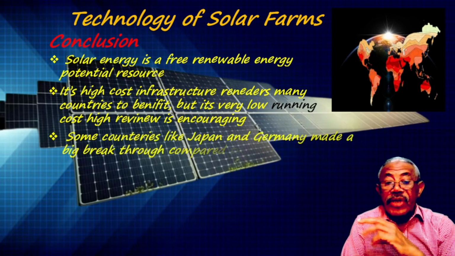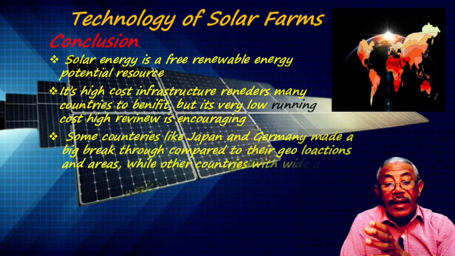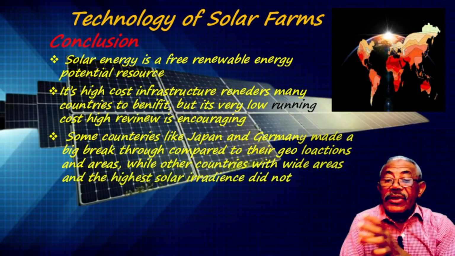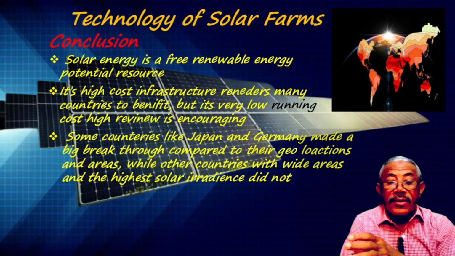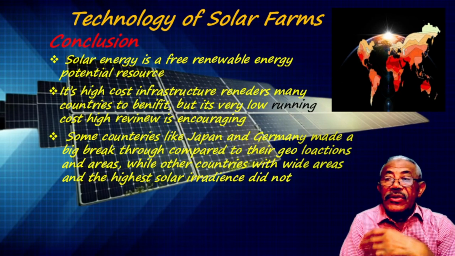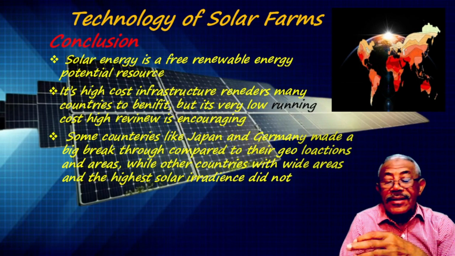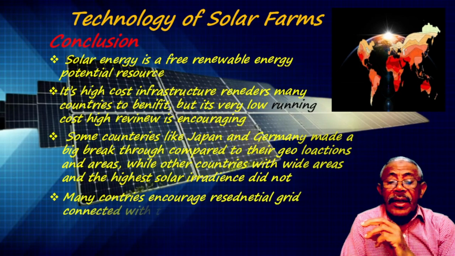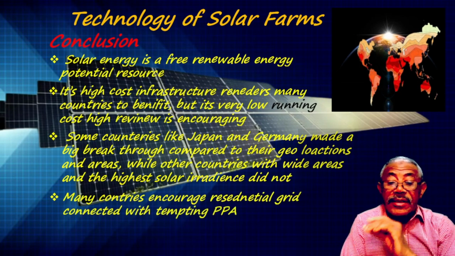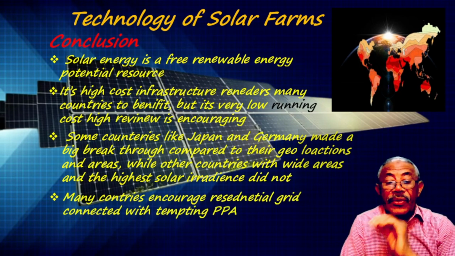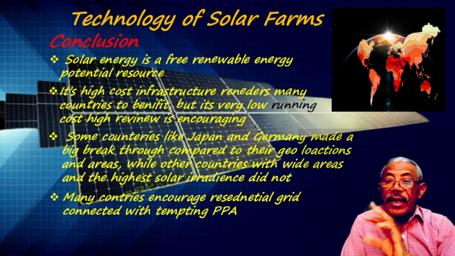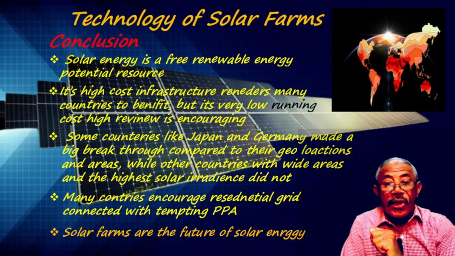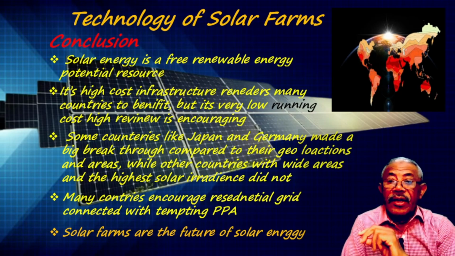Some countries like Japan and Germany made a big breakthrough compared to their geolocations and areas, while other countries with wide areas and the highest solar irradiance did not. Many countries encourage residential grid connection with tempting PPA. Solar farms are the future of solar energy and the safety of the global warmth.